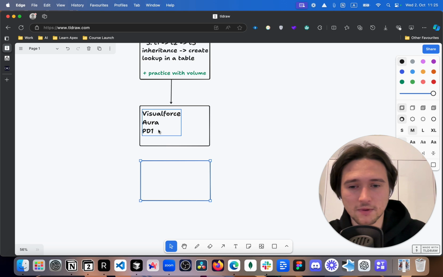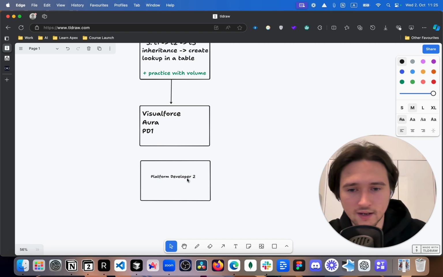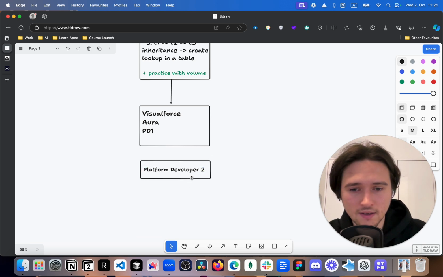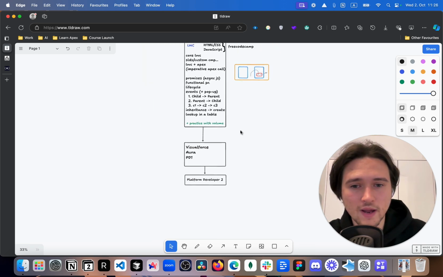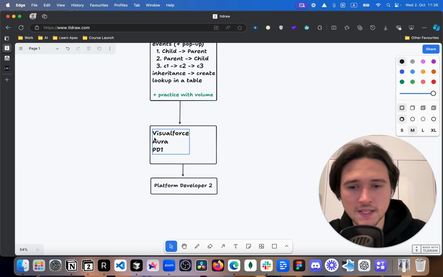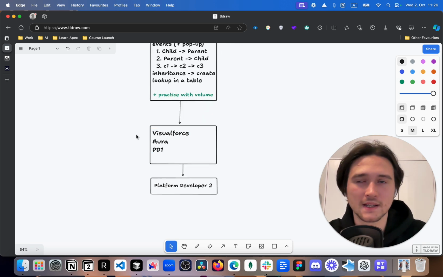that I suggest to people is PD2. Platform Developer 2. You're like, oh, what the hell? Shouldn't it be Platform Developer 1 or something? Nah, Platform Developer 1 is an easy certification. If you're really good, if you have made it this far, PD1, you can do it in like a week.